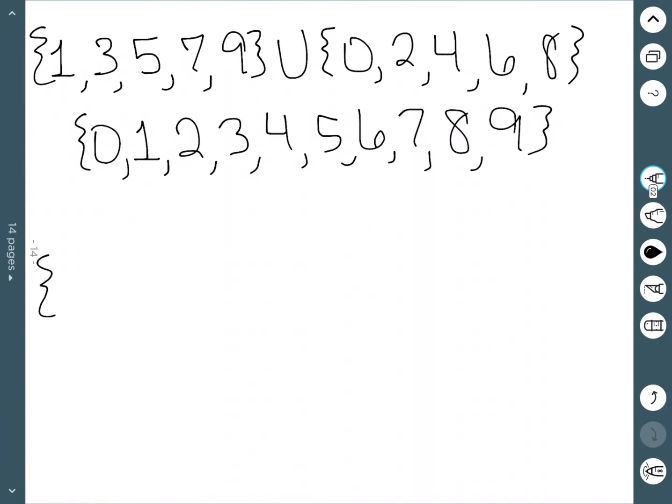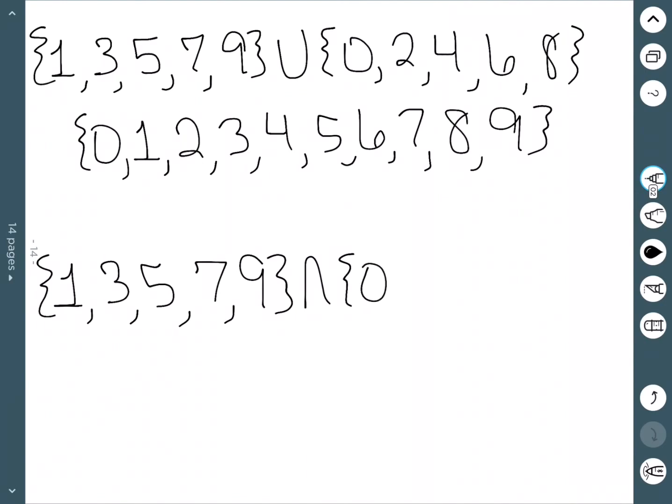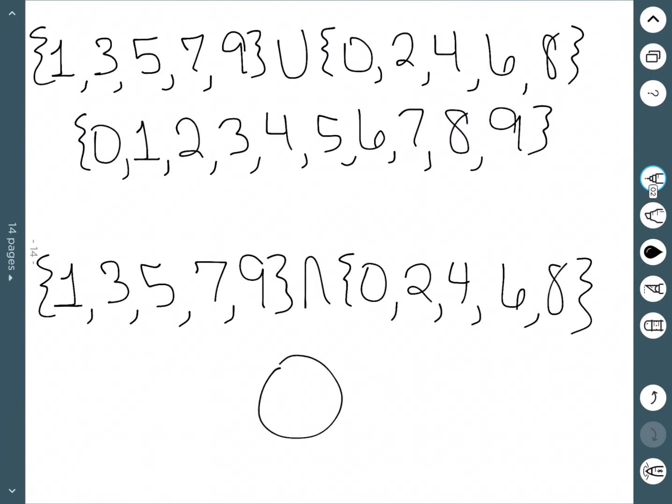On the other hand, if I try to intersect these two sets, so I have my set 1, 3, 5, 7, 9 intersected with 0, 2, 4, 6, 8, we want to know the numbers that they share. And we can look and see that there's no elements that are in both of these sets. There's no number that's in both of them. And this is the reason we have the empty set.